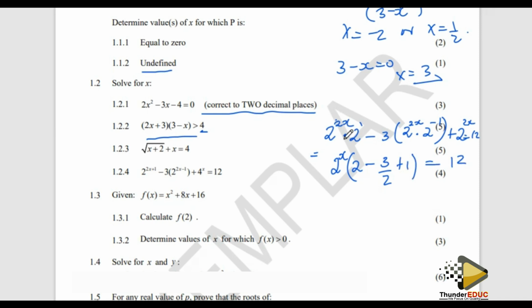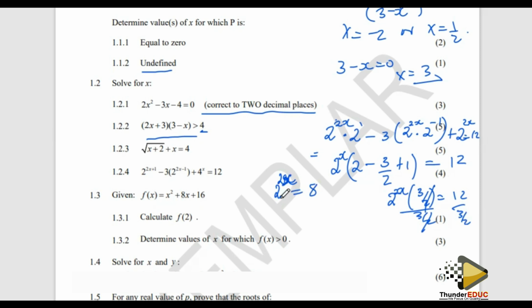Then I'll simplify what is in the brackets. 2 minus 3 over 2 plus 1 gives me 3 over 2. So 2 to the 2x multiplied by 3 over 2 is equal to 12. Divide both sides by 3 over 2. So 12 divided by 3 over 2, I get 8. So 2 to the 2x is equal to 8.